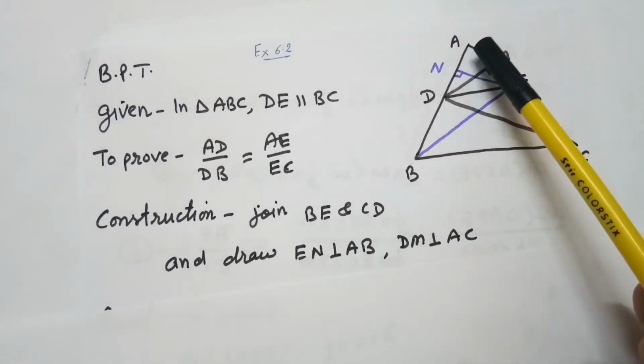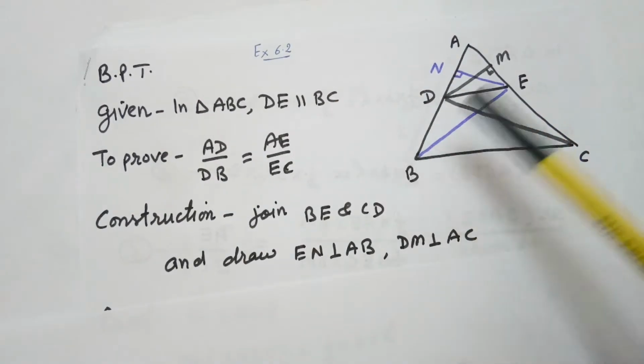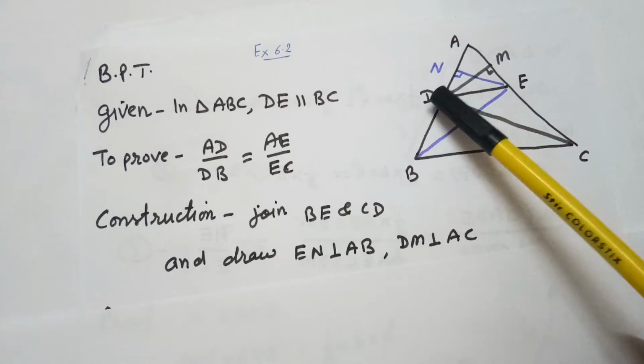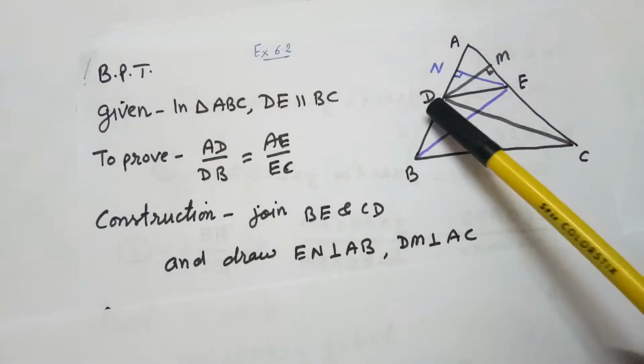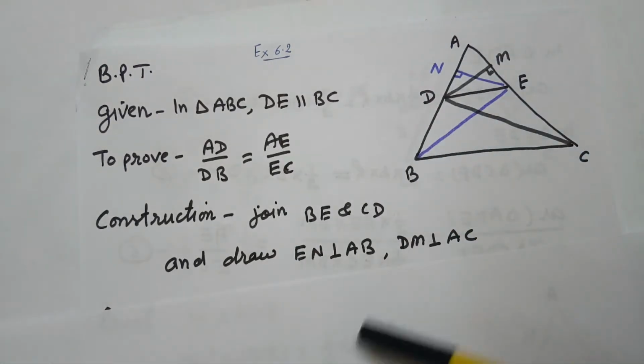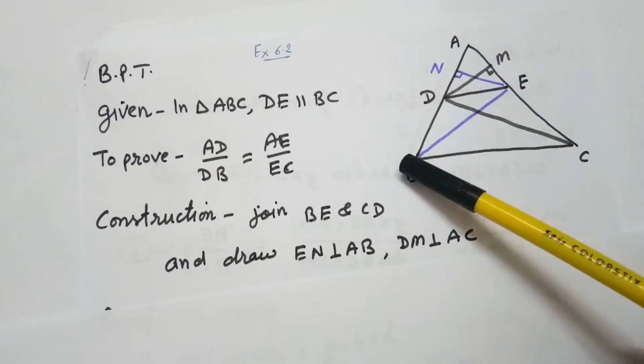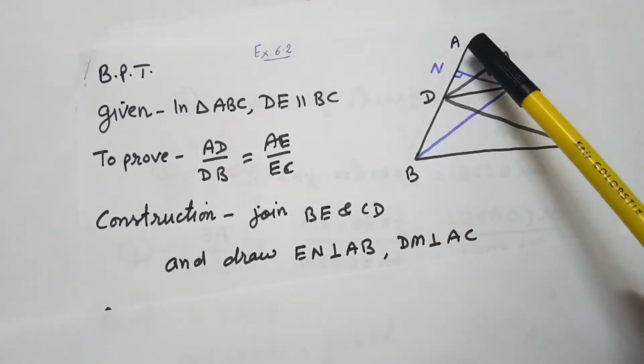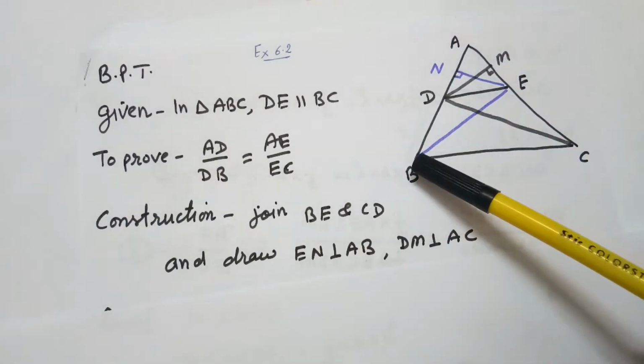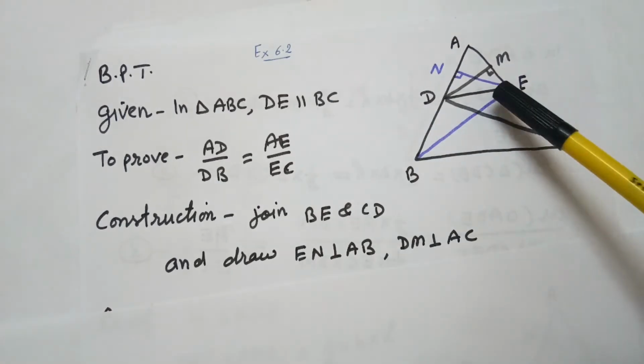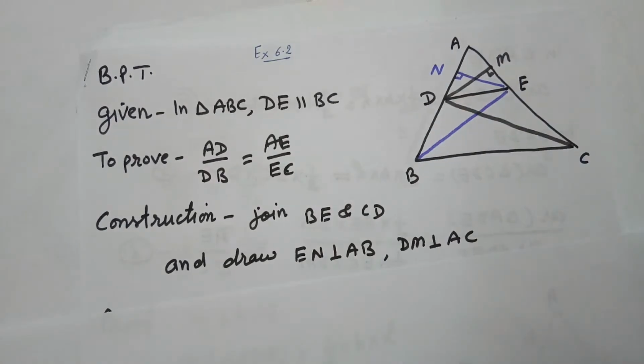To find these ratios AD and BD, we will take triangle ADE and triangle BDE. On this side AB, there are two triangles, ADE and BDE. So we will find the area of these two triangles by using the formula half into base into height.